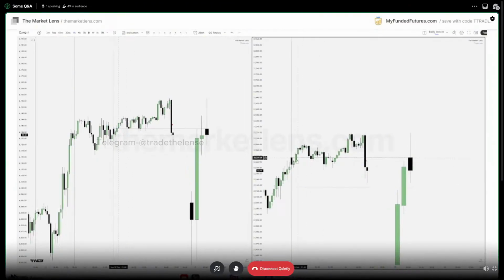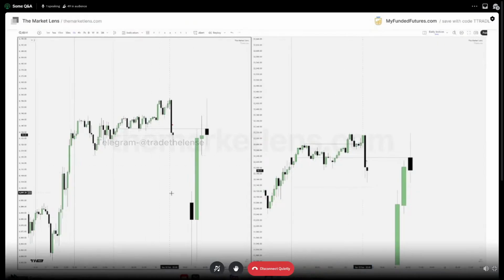It's really hard for me to trust this, it's very consolidation, right? And this isn't a very convincing move higher, right? Then we break out of the range in London and fall back in. It feels like we're closing back inside the range.